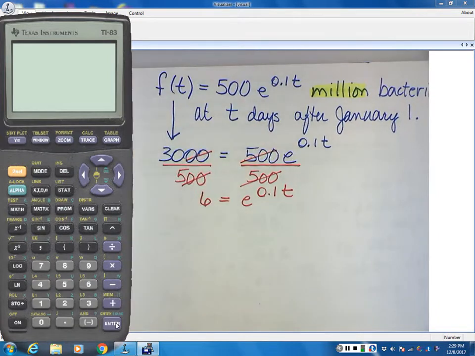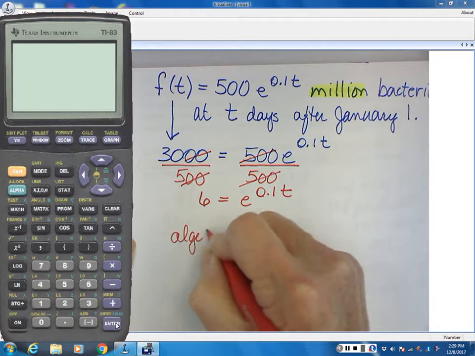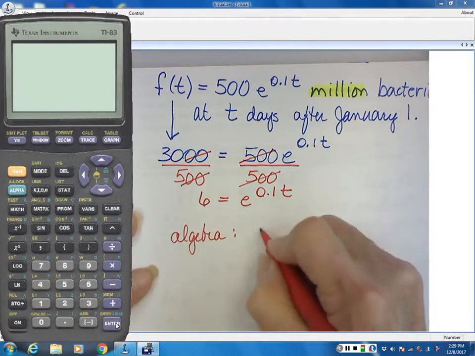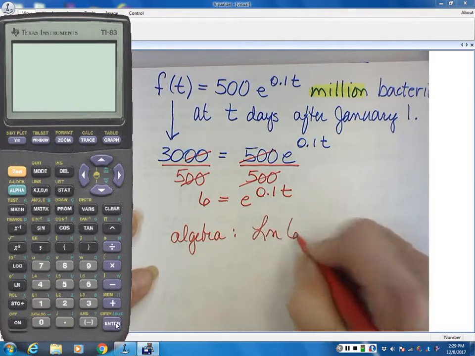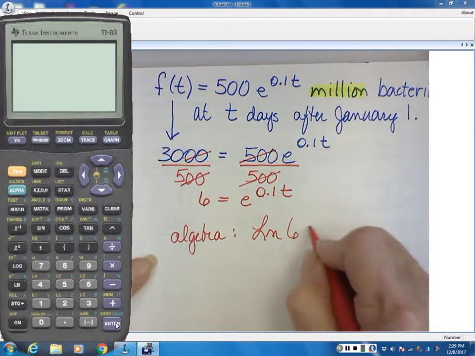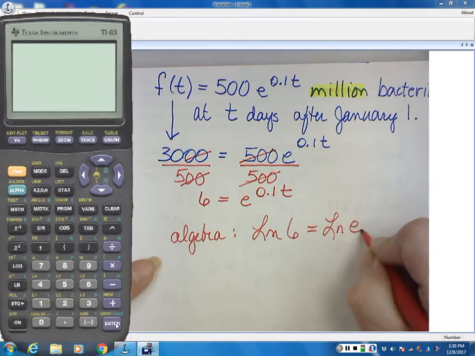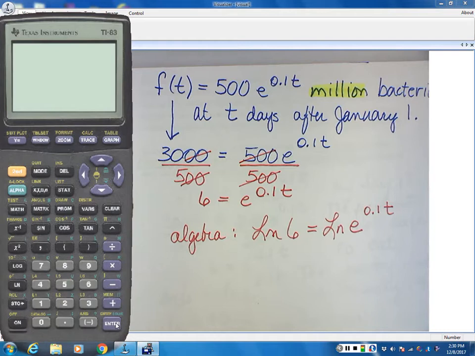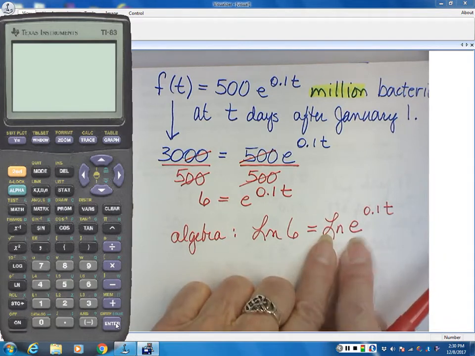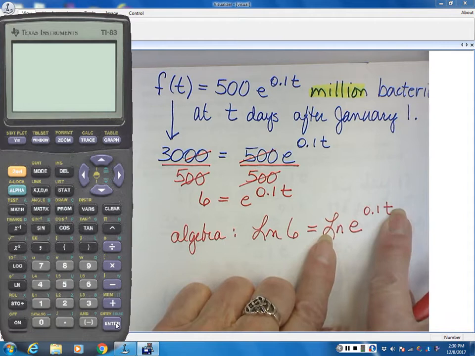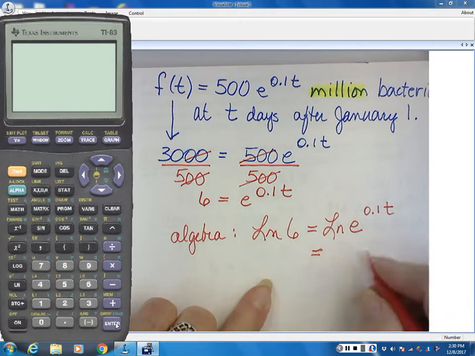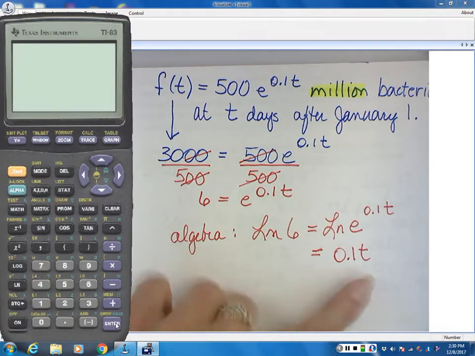The algebraic method says we're going to take the natural log of 6, which is just a function on your calculator, is equal to the natural log of e to the 0.1t power. And the reason that we're going to do that is because the natural log of e to that power is just the power. So 0.1t is actually equal to the natural logarithm of 6.